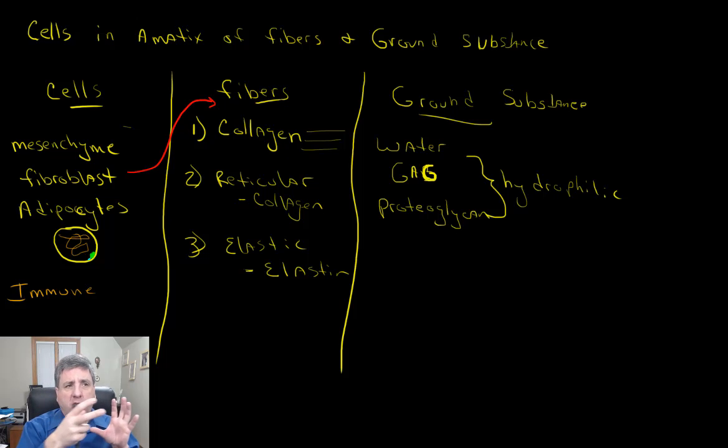So you can change the consistency of the fibers. And then some people like a lot of broth in their chicken noodle soup. So the ground substance would be the liquid that the cells and fibers reside in. Okay, so if you have a lot of water, it would be more of a liquid base, or if you have less water, it would be less so.